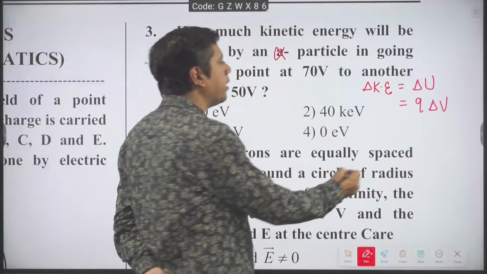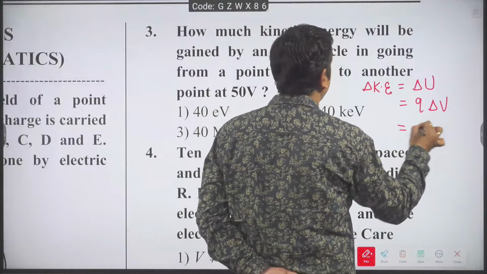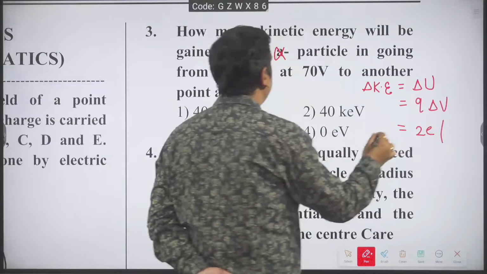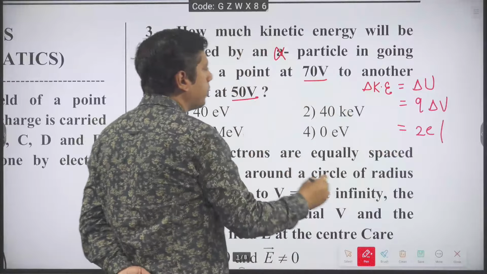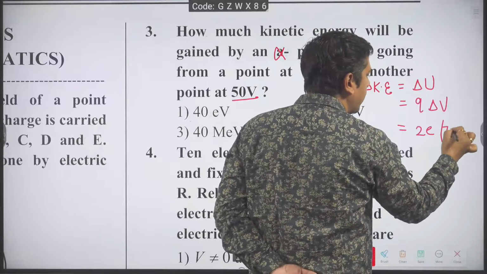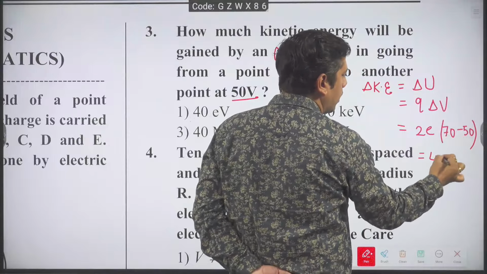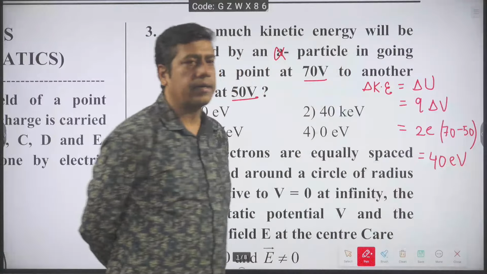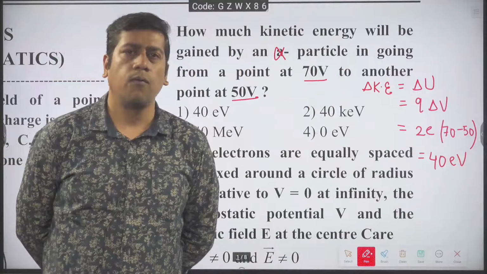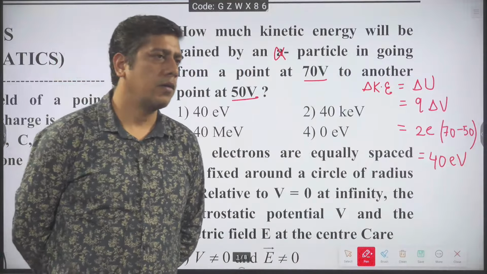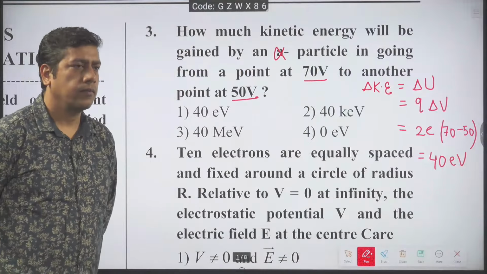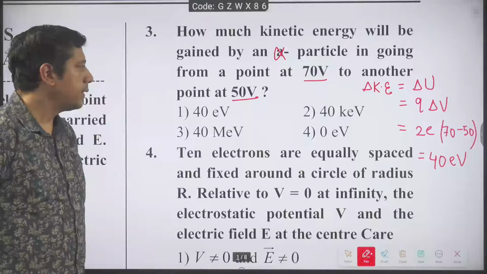The charge of an alpha particle is 2e, and delta V is 70 minus 50, so it becomes 40 eV. First option is correct, 40 electron volt. Next.